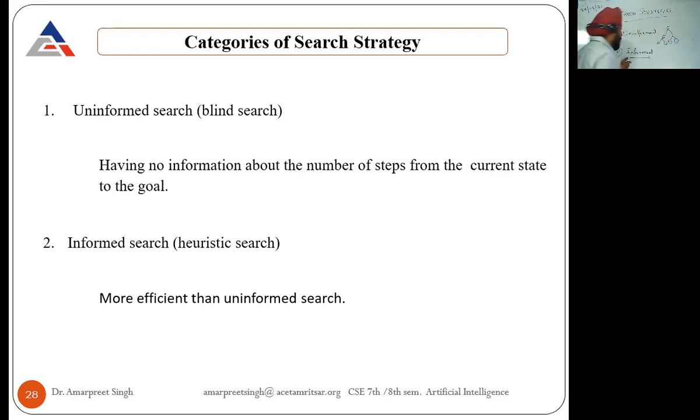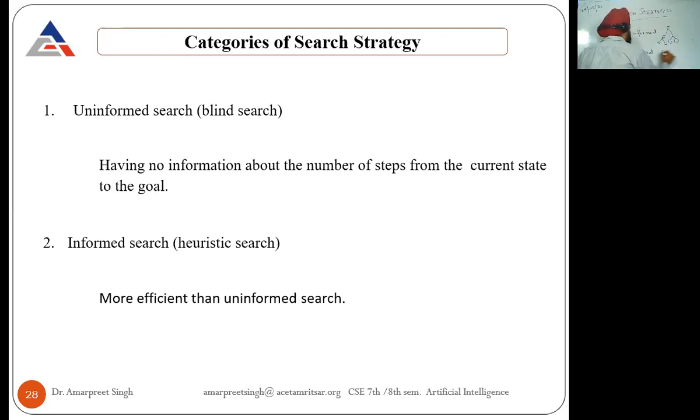On the other hand, in informed search techniques, along with the initial state and the final state, you also have some information about those states, or how to reach from one state to another. You apply that information through some heuristic function and evaluate which path will be best.